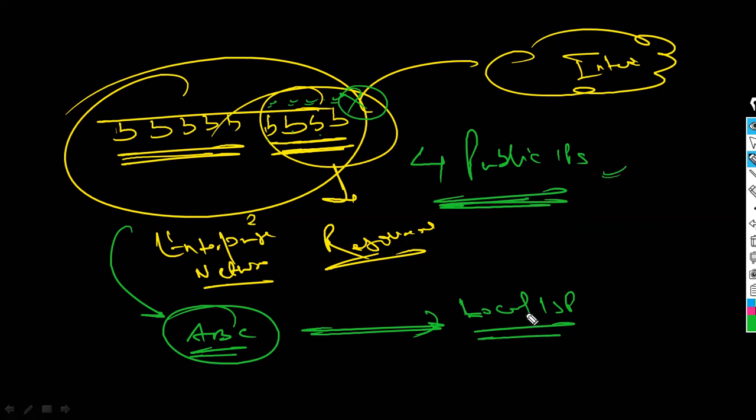The ISP will ask for money: if you are taking 4 public IPs on lease, then every month you will have to pay some amount. Let's say company ABC agrees to pay that amount every month. So yes, the IP addresses will be provided, and they would definitely be globally unique.